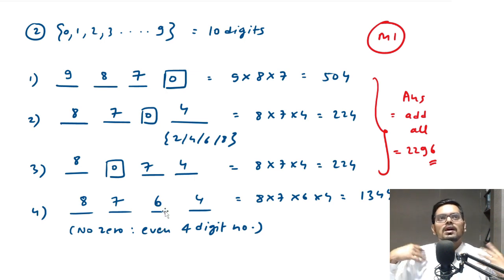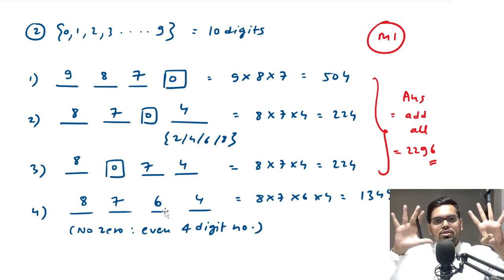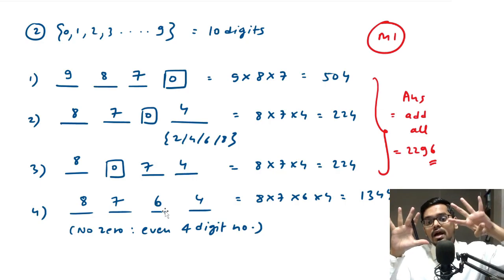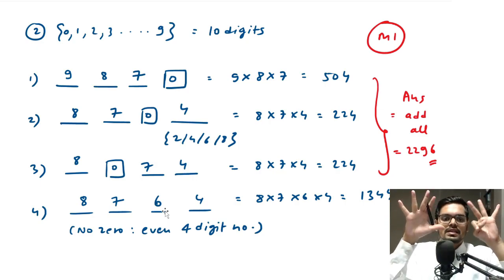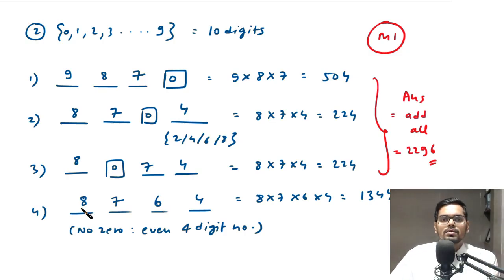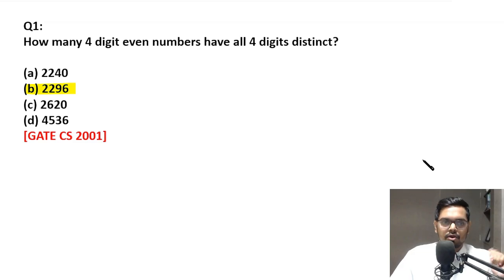Out of 10 digits, 0 is gone and for the last blank 1 digit is gone. So out of 10, 8 are left. So for the first blank, 8 possibilities, second would be 7, third would be 6, 8 into 7 into 6 into 4, because this also has 4 possibilities, right? So the final answer is 1344. Add them all, you will get 2296, and that is the correct answer, which is option B.